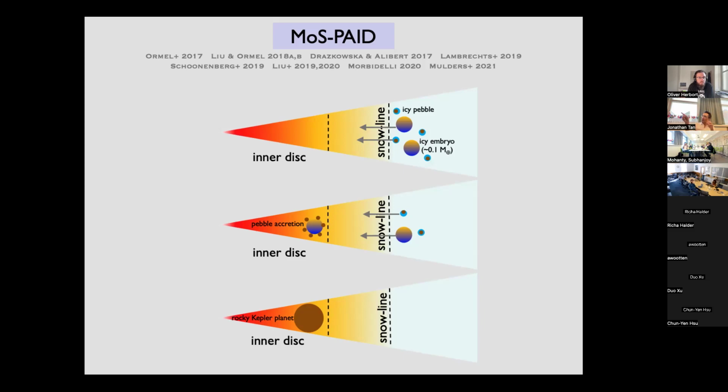But there is a local pressure maximum in the gas, due to the water vapor coming up. You're the expert in this stuff, aren't you? It depends on the models. You can have a pressure bump, but you don't necessarily have a pressure maximum, in the sense that you don't necessarily have an inversion of the pressure gradient. That would be the difference between a pressure trap and a traffic jam. In one case you have a change in pressure, but not the inversion.